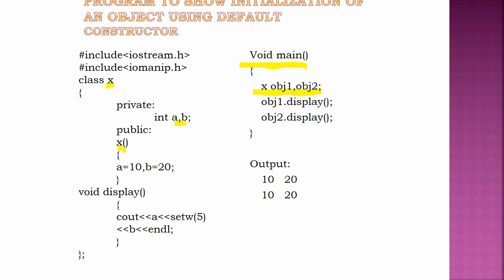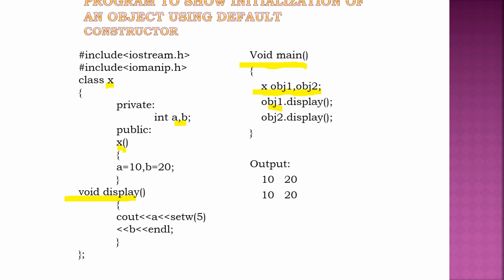Once I call object1.display, it is going to access the member function void display, with cout a and cout b, and it is going to display a is equal to 10 and b is equal to 20. In the program, I never called any constructor function. Once an object is created, the constructor is automatically invoked. This type of invocation we tell is a default constructor.